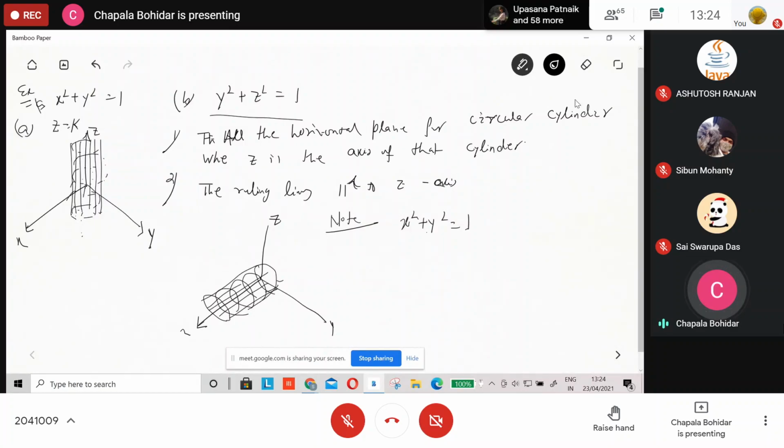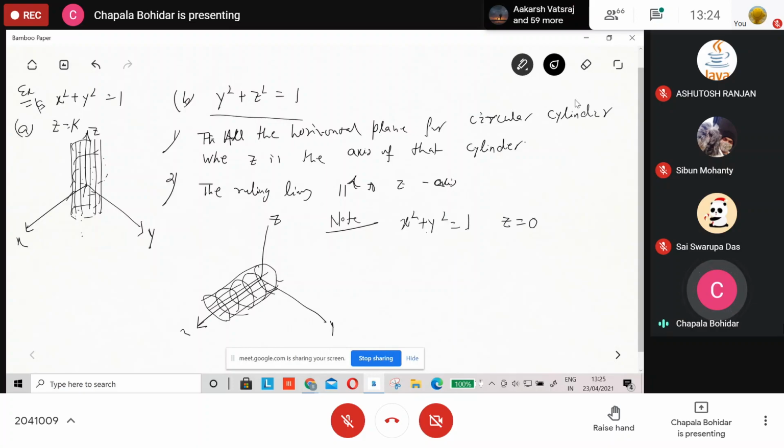The trace of the cylinder is the circle with equation x square plus y square is equal to 1 and z is equal to 0. If the question is, what is the trace of this cylinder, then you say the trace of the cylinder is a circle, where the equation is x square plus y square is equal to 1 and z is equal to 0, that is in the xy plane.